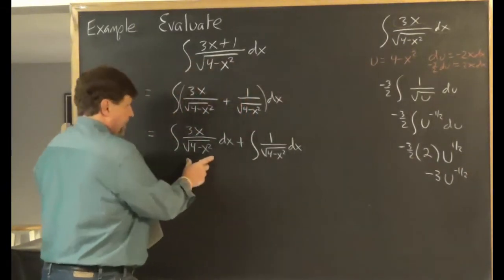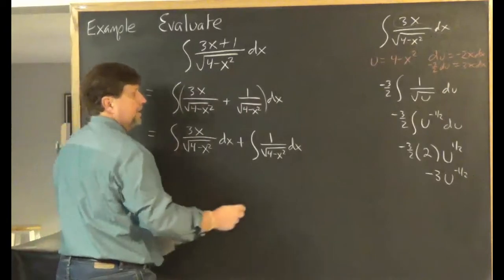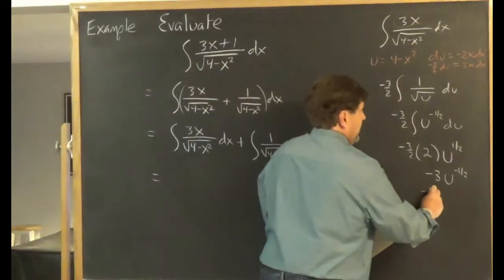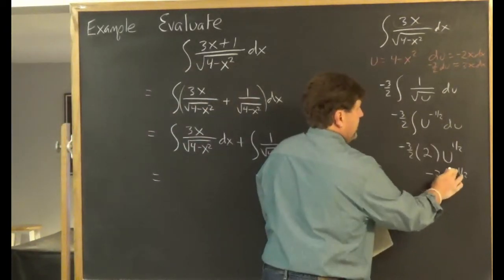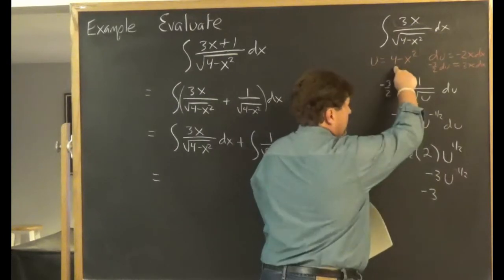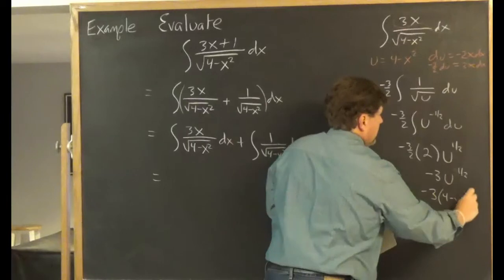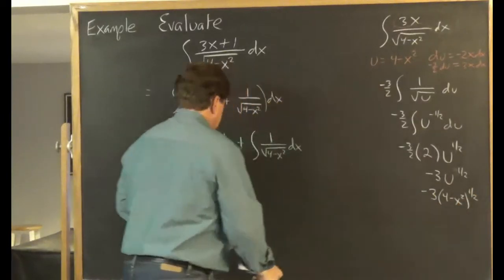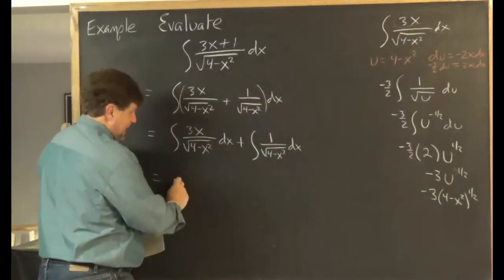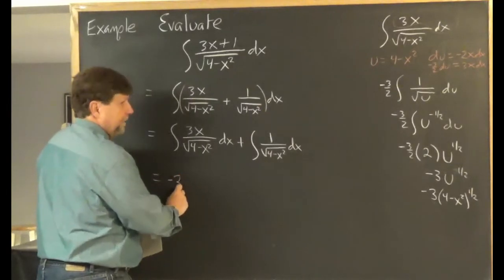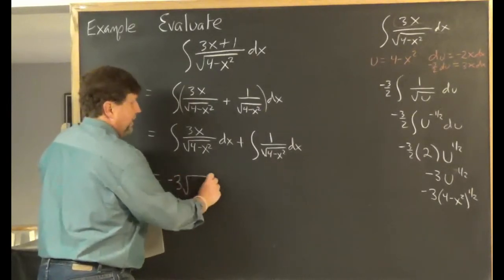So let me finish it off. Negative 3, and u is 4 minus x squared. So this is negative 3, and I'll go ahead and put the radical back.